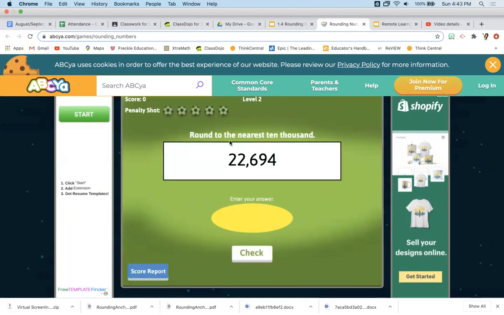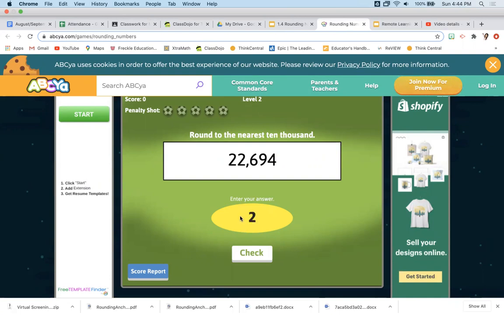All right, so it says round to the nearest 10,000. And they didn't underline it for us, so it's important if you play this game, you're really going to have to know your place values. So for this one, the 10,000s place is right here. It's a 2, right? So I'm going to look to the number next door, which is a 2 again, and that number is going to tell 2 to stay the same because it's 4 and below, we're going to let it go.